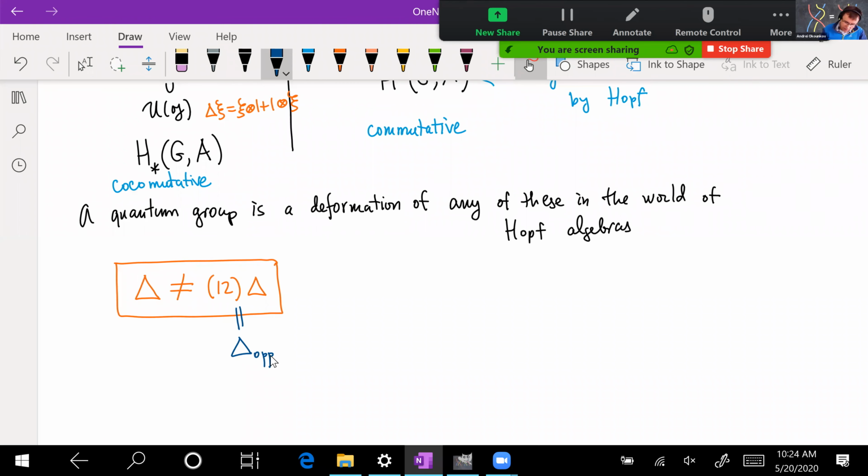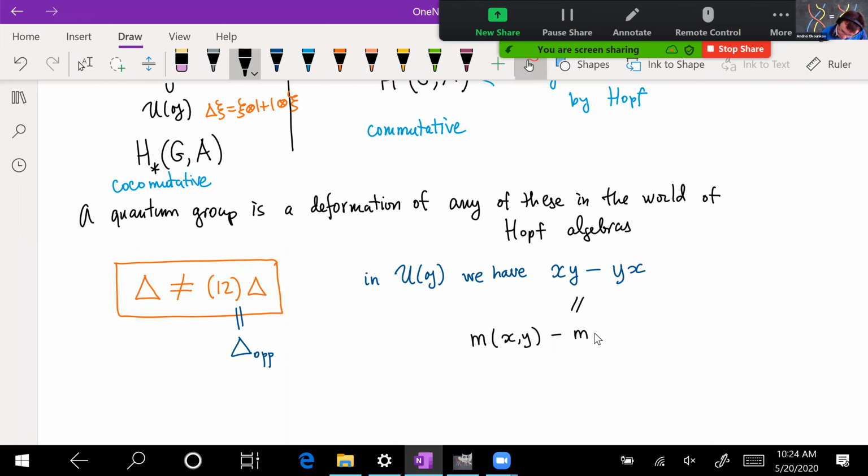I remind you that in the universal enveloping algebra of a Lie algebra we have a relation. If I want to multiply x and y and compare it with the multiplication of y and x, you take the multiplication of x, y, and compare it with the multiplication precomposed with the permutation of x, y.